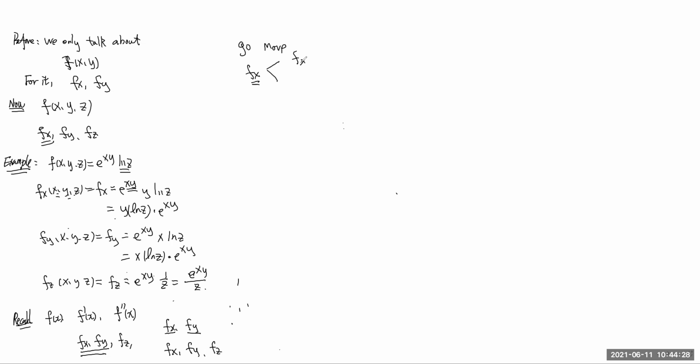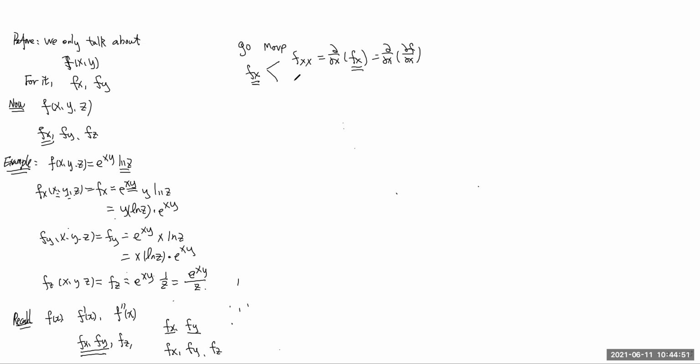This is a function, right? We compute another derivative. We call it partial x, partial fx. That's just a notation. This is a function. We continue to differentiate it in terms of x.